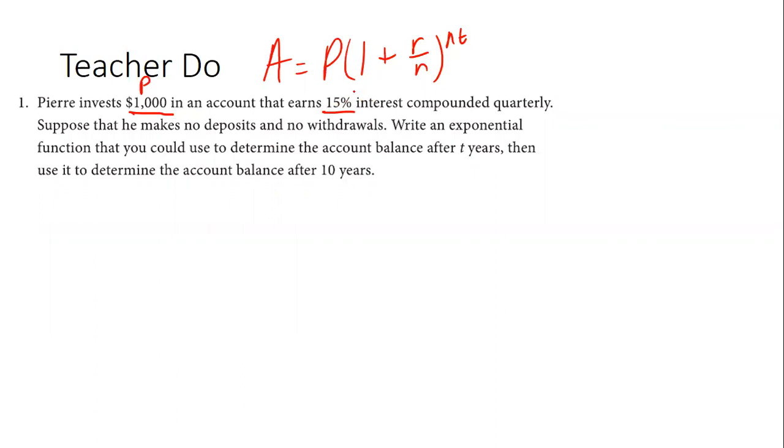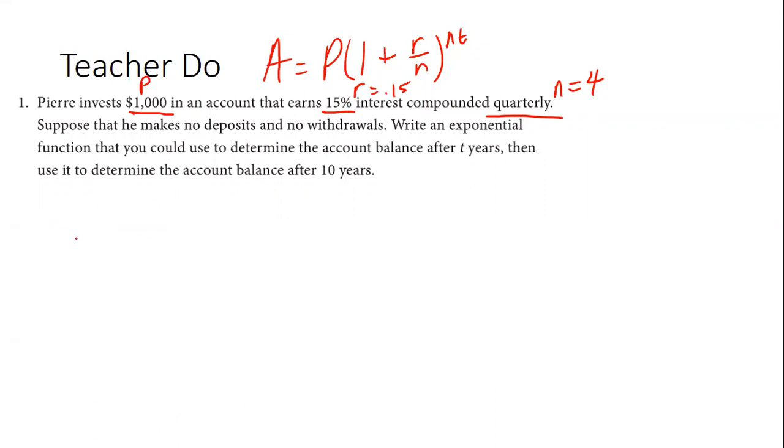This is my interest. So R is going to equal 0.15. Agree? Okay. Compounded quarterly. Quarterly means I have how many parts? 4. So N equals 4. So I went through and I marked up the text to find all the key things that I need in order to write my function.